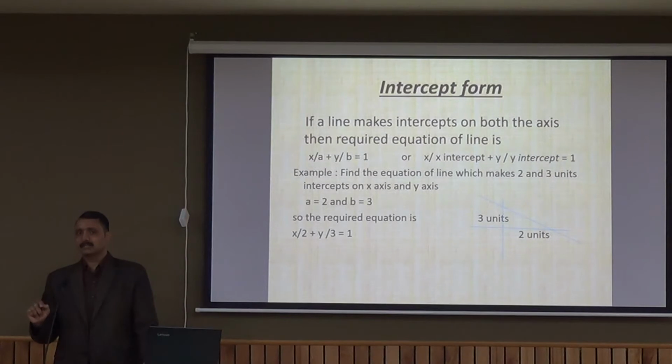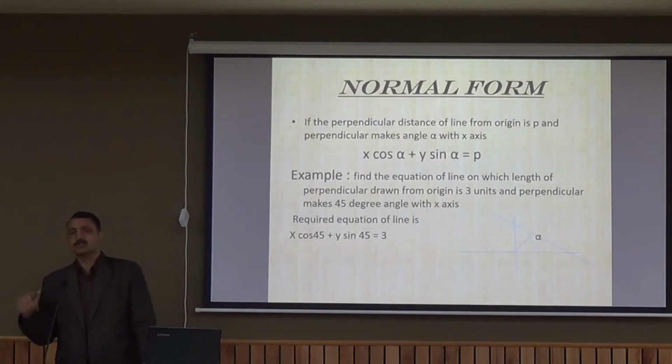And it makes intercept 3 on the y-axis, so the line is passing through (0, 3). So we have two points on the line. First of all, we can find the slope by (y2 minus y1) upon (x2 minus x1), and by using any one of the points we can find y minus y1 is equal to m times (x minus x1).